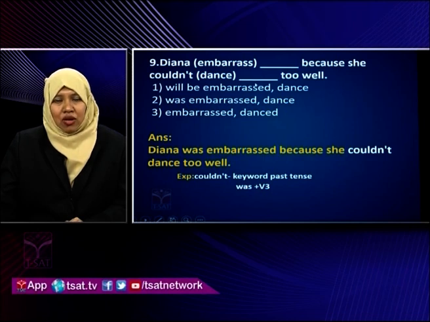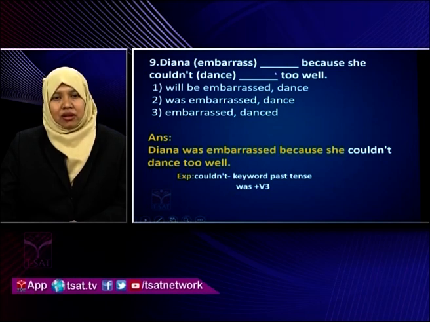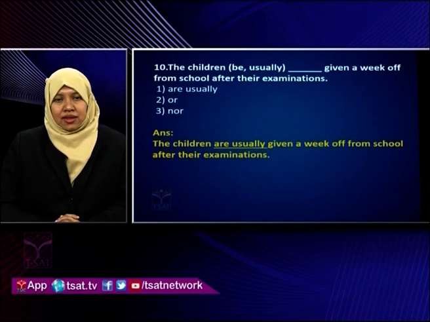So here the next blank also should be in past. Diana was embarrassed because she couldn't dance too well. So the first part of the sentence is simple past, and the second part, couldn't dance, is also simple past.